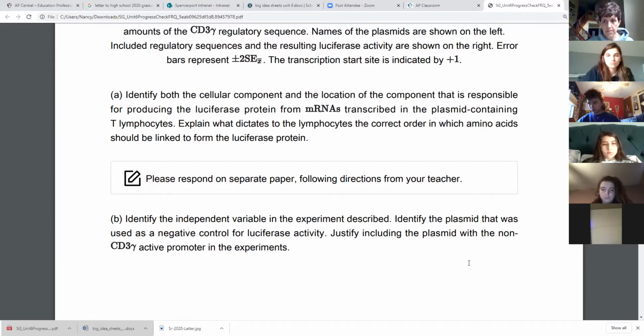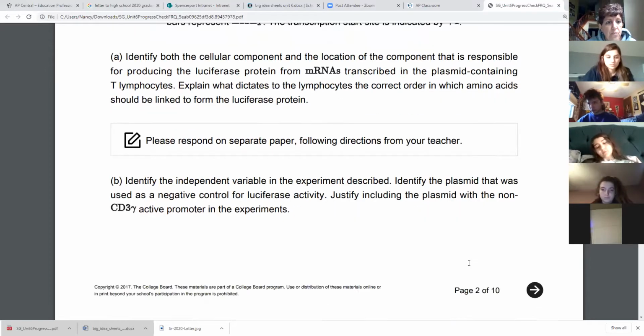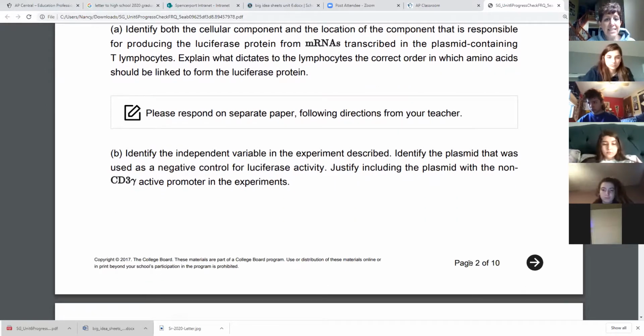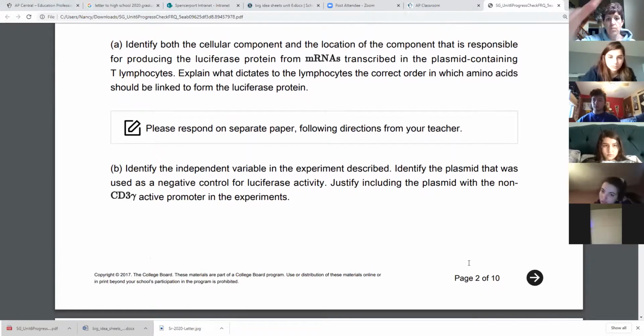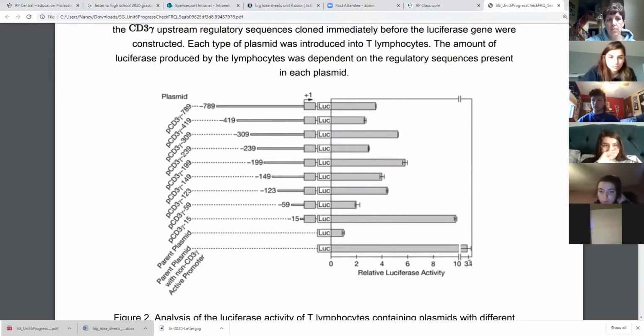Yes? Okay, next one. Identify the independent variable in the experiment described. What is the one thing that they change? Independent variable means one thing that they change. The amounts of CD3 in the regulatory sequence.